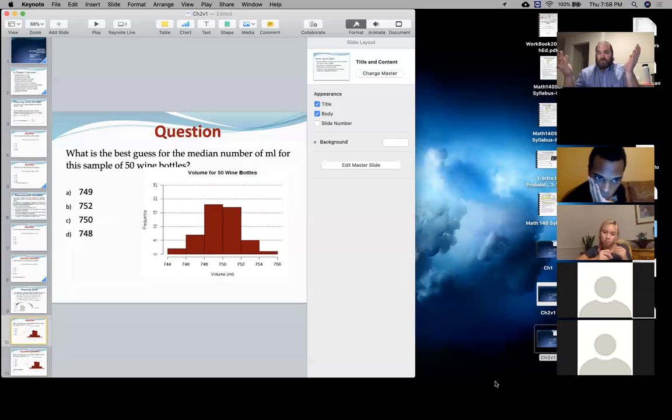And if you don't know the answer, type in E. That way I have an idea. Don't just guess a random answer if you don't know. Maybe you're right, maybe you're wrong. But type in E. That will be the indication that you just don't know how to do this problem. Because if I see a lot of E's, I know to go over it. If I see 1 or 2 E's, then come to my office hours. So 5, 4, 3, 2, 1, go.